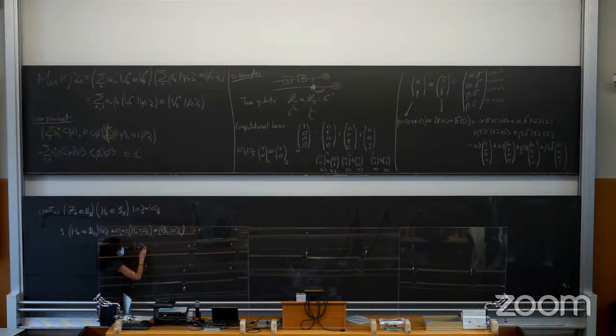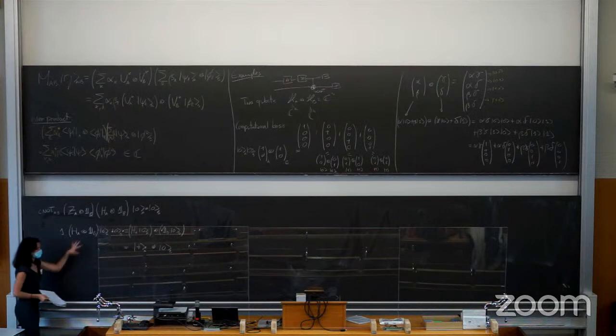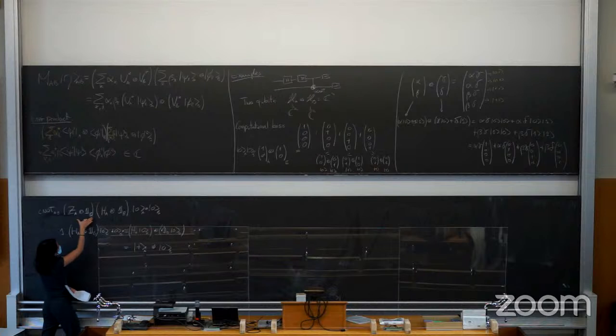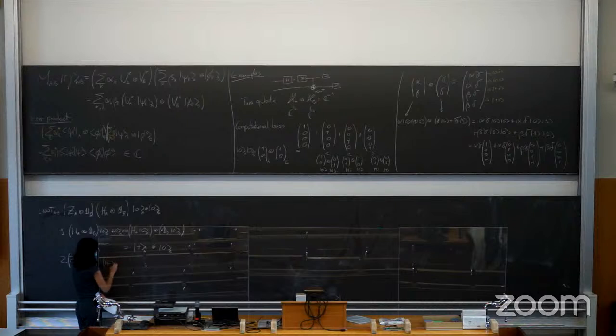It's the plus state on A, times nothing happened to B, because we know the Hadamard takes 0 to plus. That's the first step. Now the second step: we want to apply Z on A times the identity on B, this big operator, acting on this state here. Are there questions?